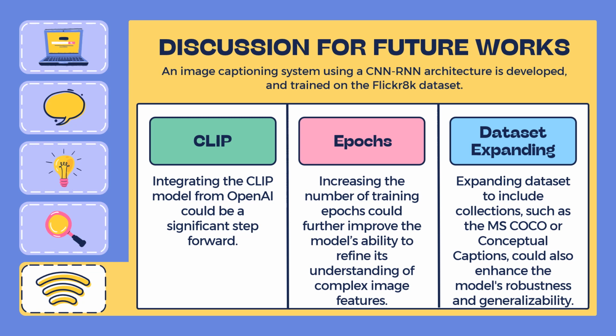By increasing the epochs, we can refine the understanding of complex image features. We can also expand the dataset. Again, because of my limitations I used Flickr8K, but we can use MS COCO or Conceptual Captions, which can enhance the model's robustness and generalizability.